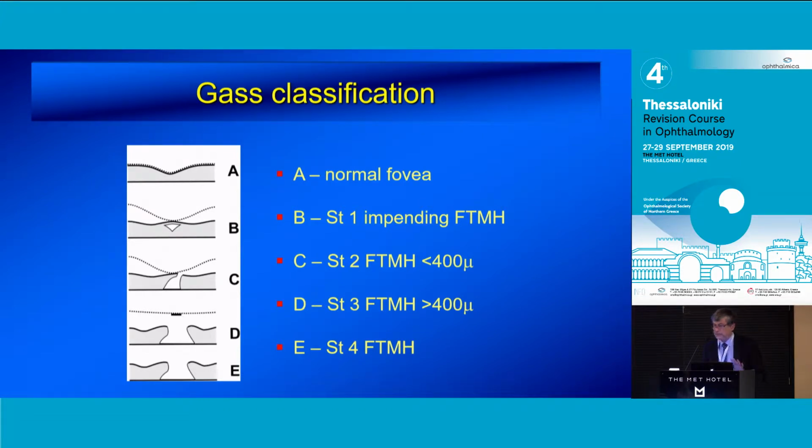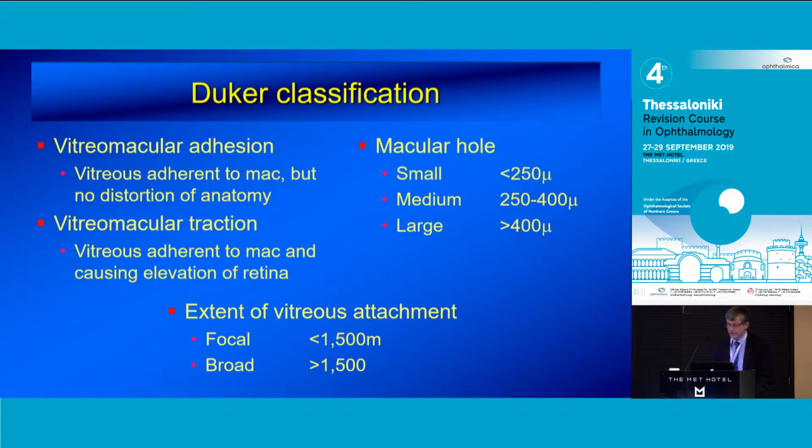Now, unfortunately, Gass's classification is wrong. It's not terribly helpful in terms of practical outcomes. So it's been replaced by a new classification, the Duker classification, and as I'm going to make clear, that is also wrong. The Duker classification talks about vitreomacular adhesion, where the vitreous is adherent to the macula, but it is not actually distorting the macular anatomy.